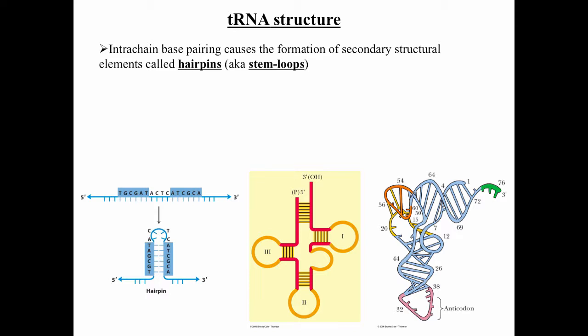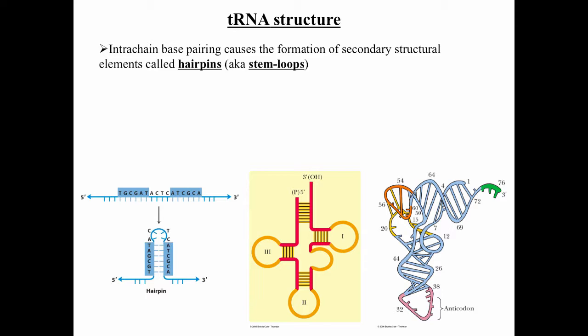In terms of the structure, you can have, again, this intrachain base pairing, and this base pairing can cause secondary structural elements called hairpins, also known as stem loops. So remember that hairpins or stem loops are brought about when, within the same piece of RNA, you have two regions of complementary sequences that are interrupted by non-complementary sequences.